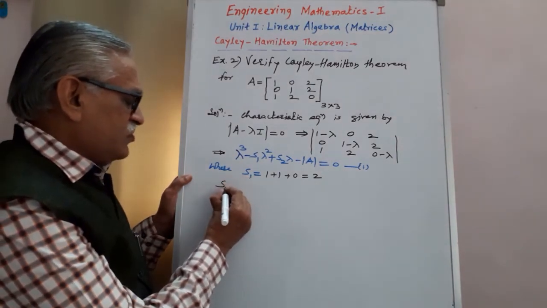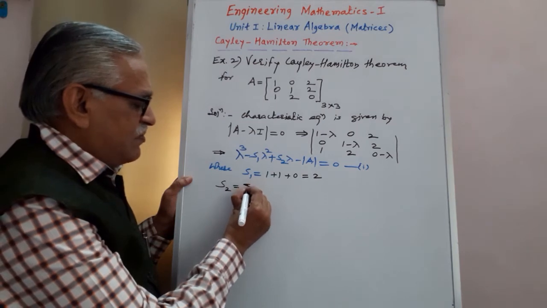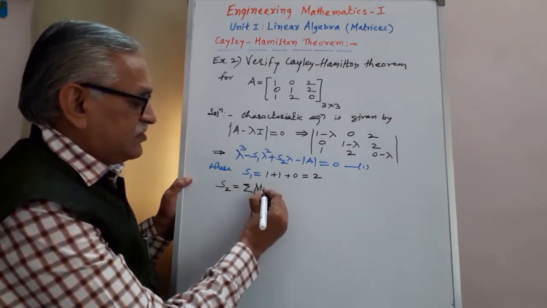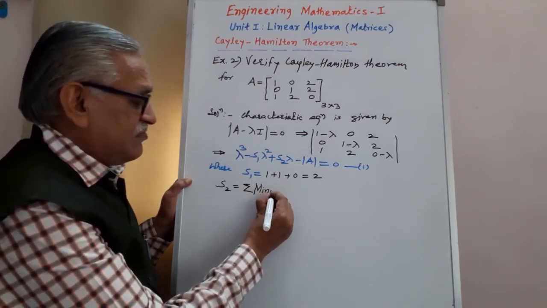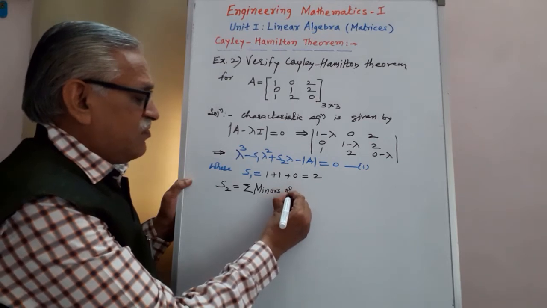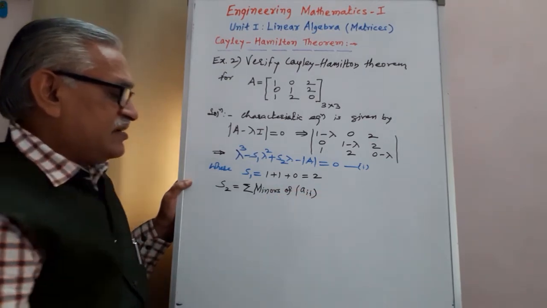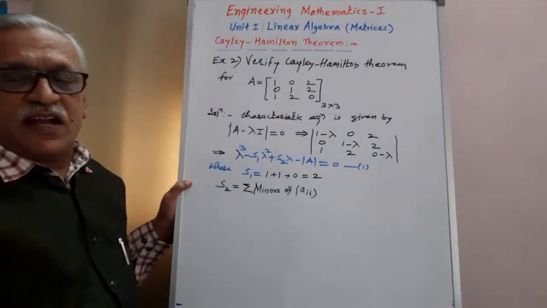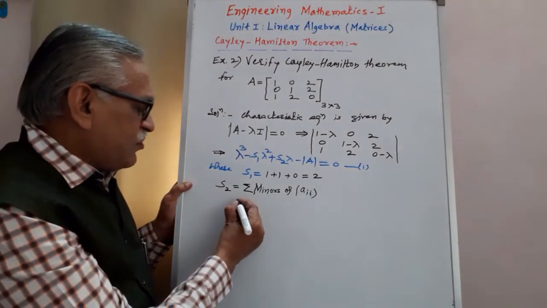Then S2 is the sum of the minors of the diagonal elements a_ii. Therefore, for the three diagonal elements, try to get the minor of each and then sum them.